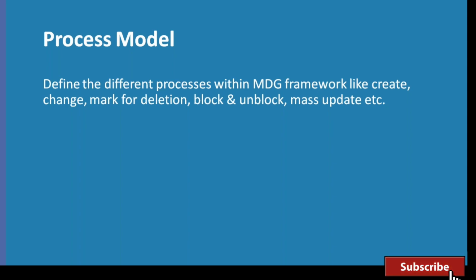The reason is to make the whole process transparent. In SAP GUI we have different transactions, like for material create or vendor create or customer create. Similarly, material change, vendor change, customer change.